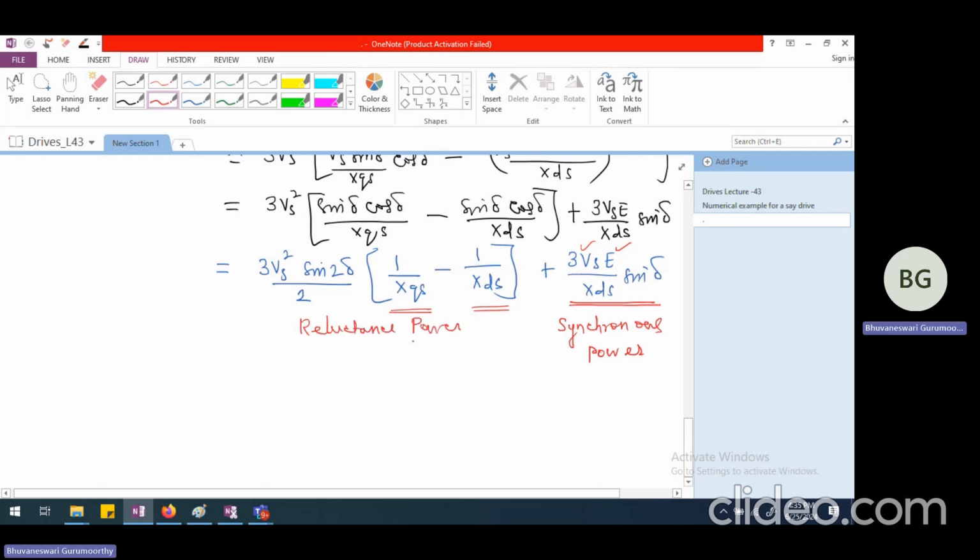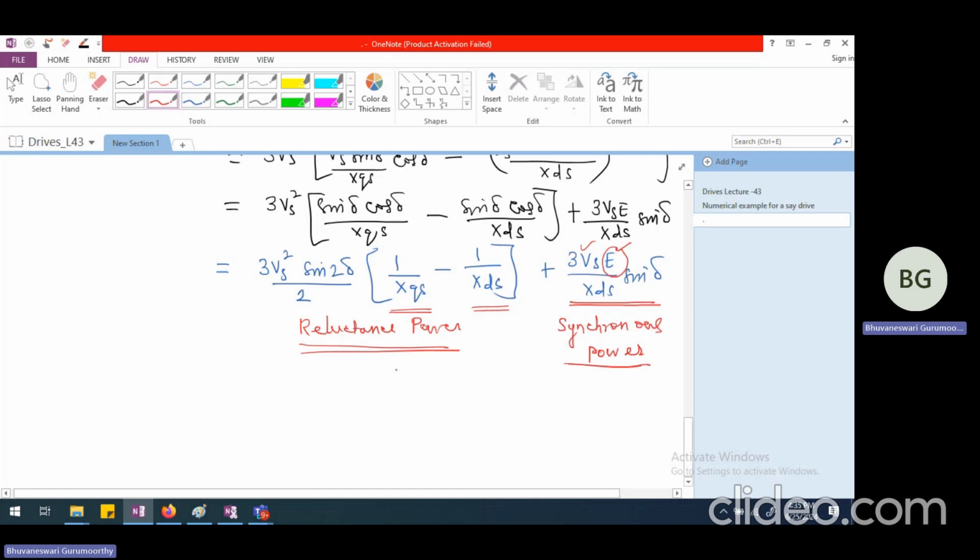So there are two portions of power in a three-phase salient pole synchronous machine. One portion of the power is called reluctance power. The other portion of the power is called synchronous power. Synchronous power is present in both cylindrical machine as well as salient pole machine. It is actually because of the interaction between the applied voltage and the field excitation EMF, whereas the reluctance power will exist even if the field excitation is absent.